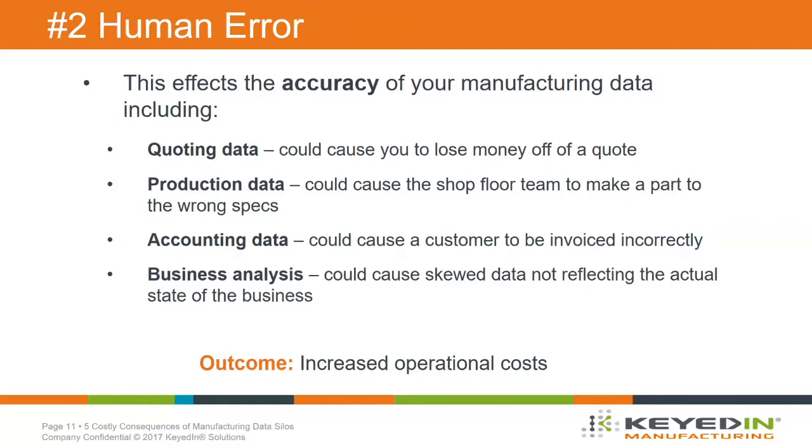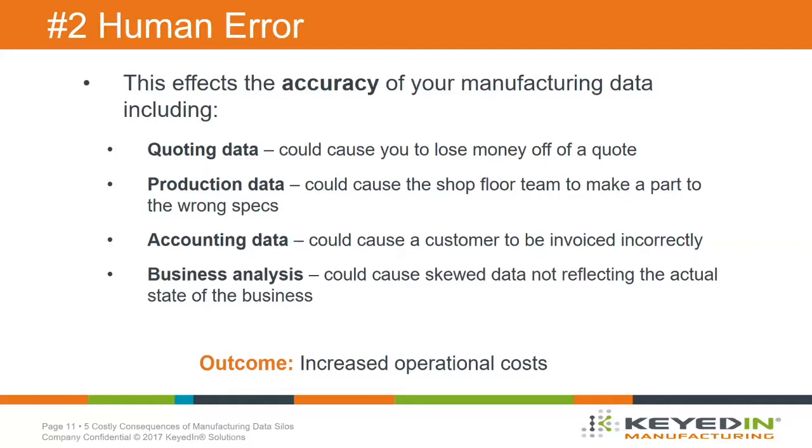When if we had an integrated solution from quote to cash, and we have that data built into the system, now when I view the traveler, or maybe in real time when I log into that operation, I can actually pull up the part drawing and see all of the work instructions that maybe the engineer has associated with that operation.